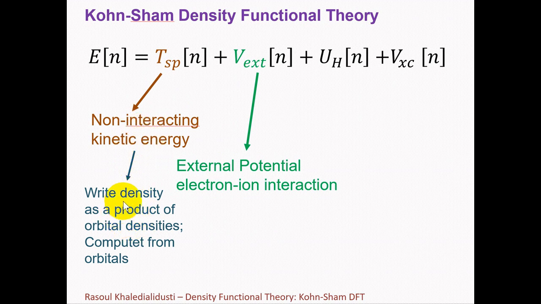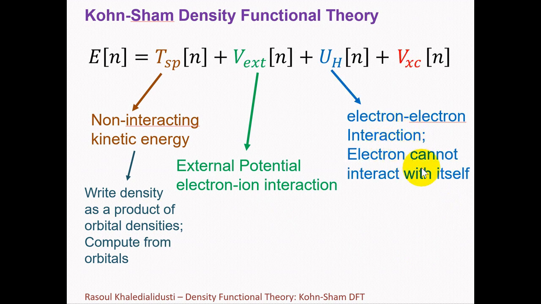It would just be the sum of all the one-electron kinetic energies associated with those orbitals. It's the non-interacting kinetic energy of a single particle system. There is also an external potential which is associated with the electron-ion interactions. That's pretty easy to deal with, and we already know the exact solution for that.